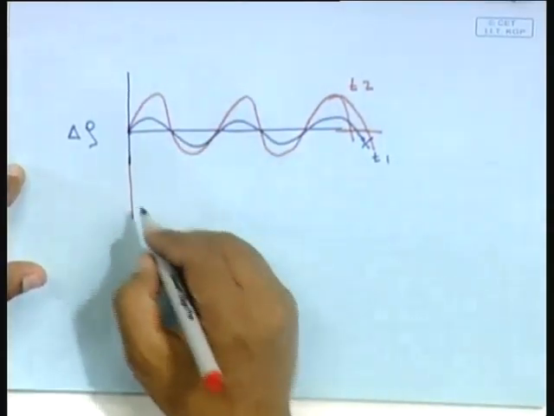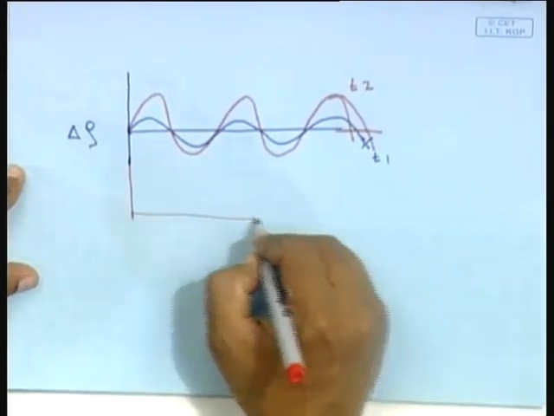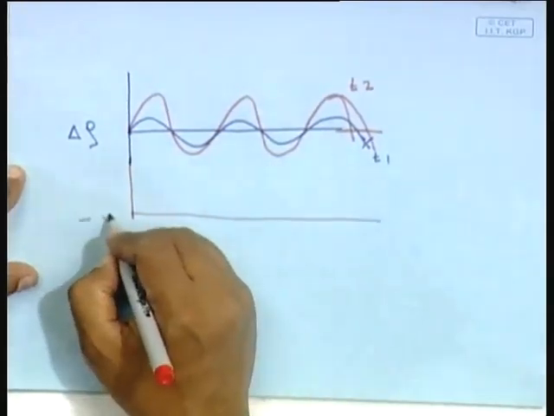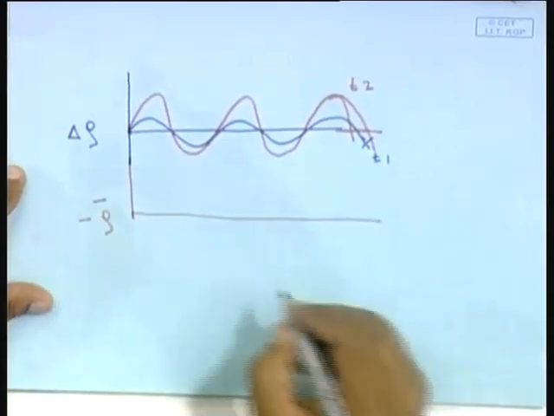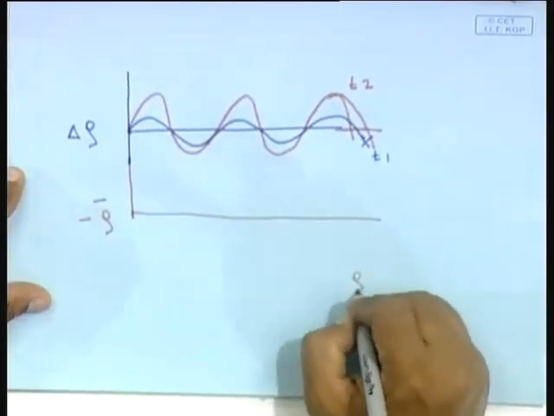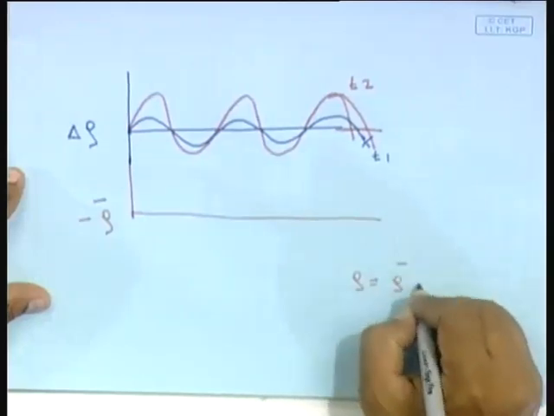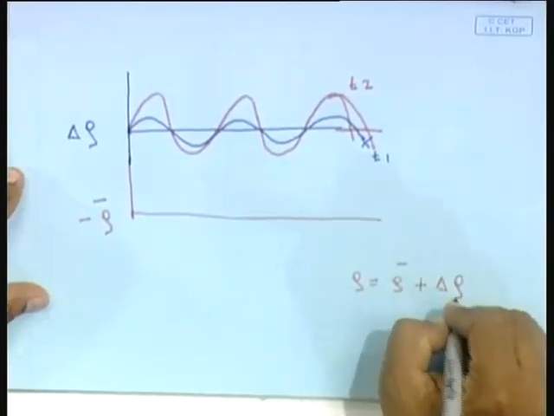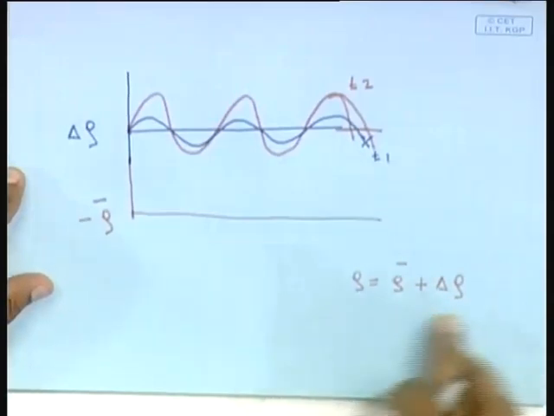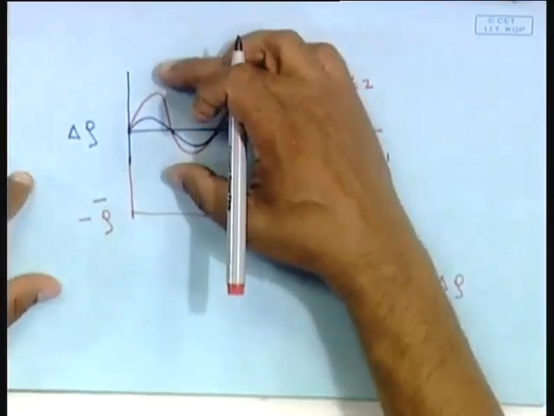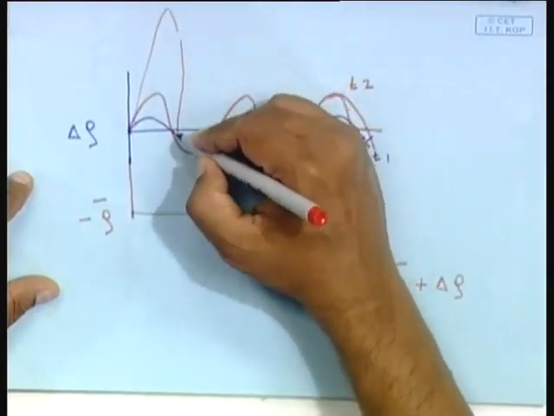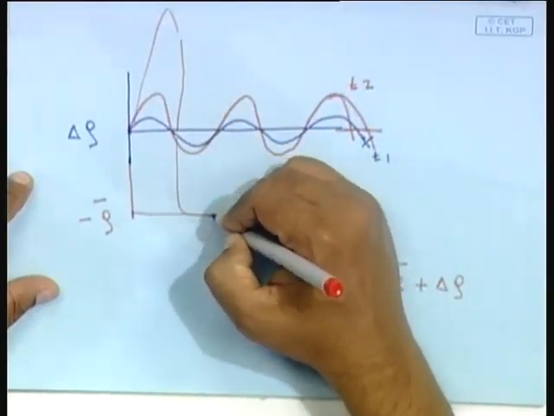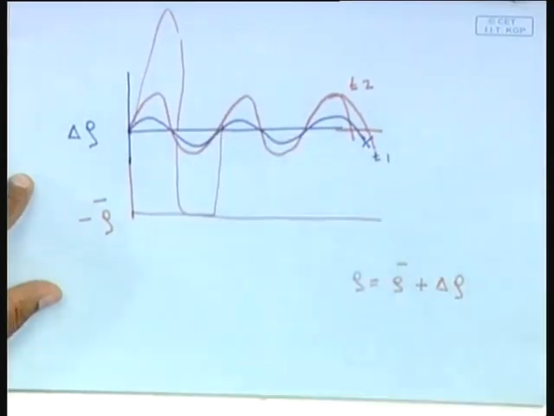The density in the underdense region cannot cross minus rho bar, because the total density, remember, rho is equal to rho bar plus delta rho, and rho can never be negative. So delta rho can never cross that. There is no limit to the increase on the positive side, but the negative side cannot decrease below this. The positive values can keep on increasing further and further.